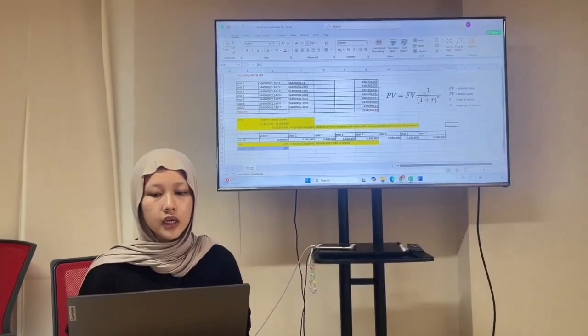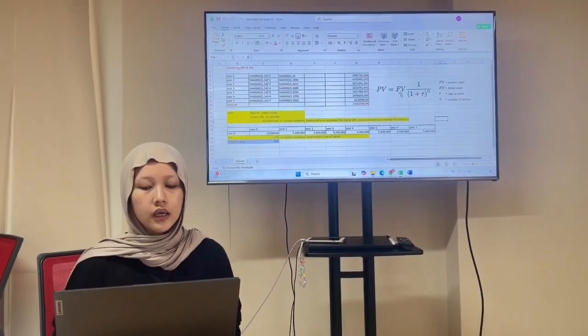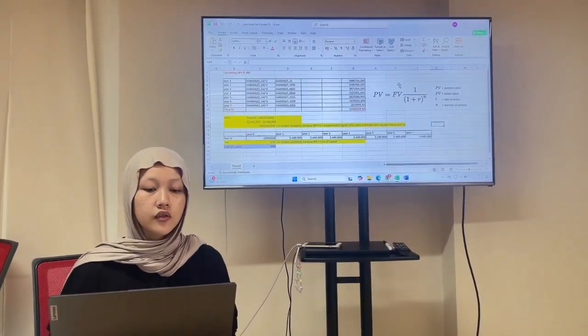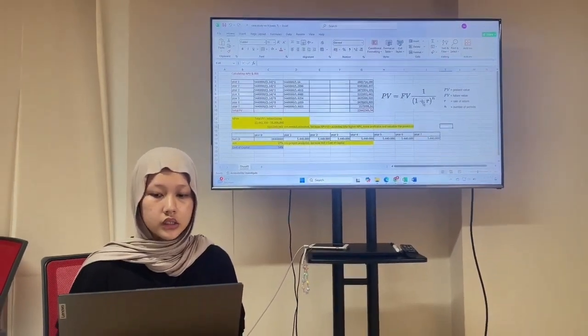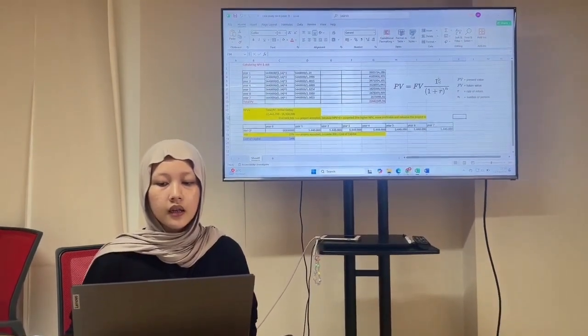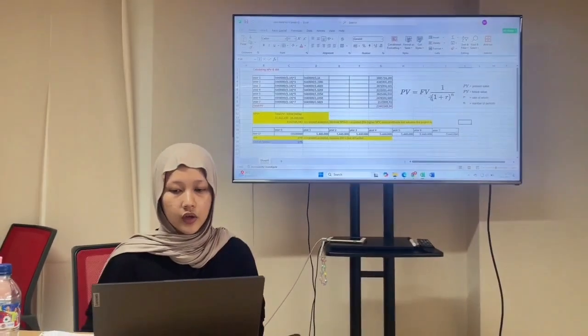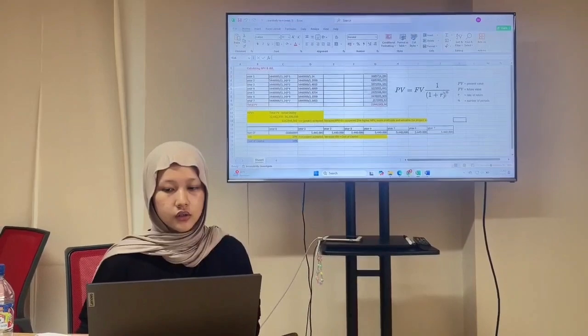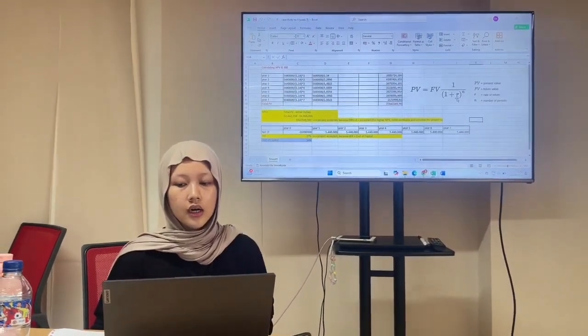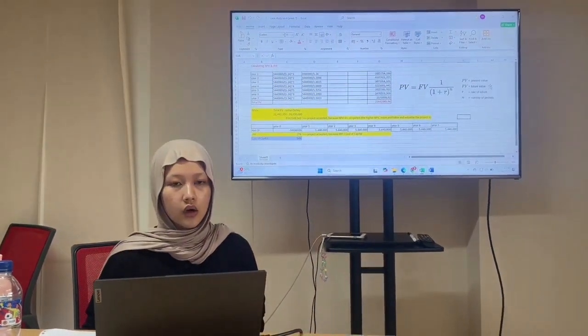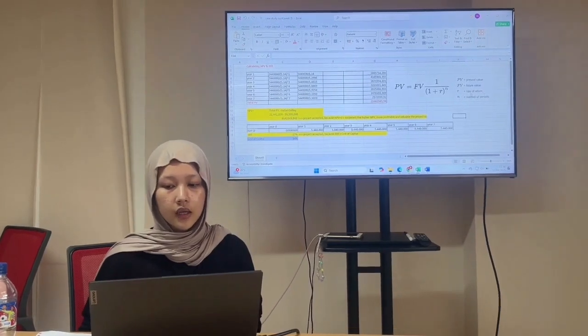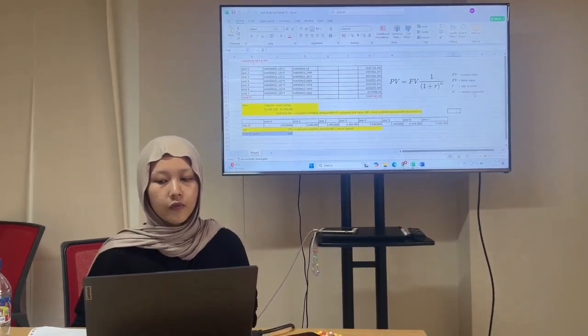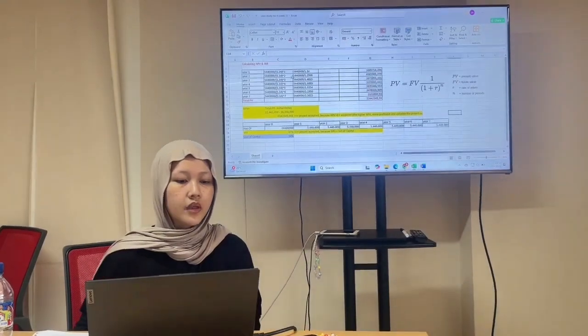The future value here, we use the expected cash flow from year 1 until year 7, and then FV times 1 divided by 1 plus R to the power of N. The R here is the rate of return or cost of capital, it's the same thing. And N is the number of periods or years.